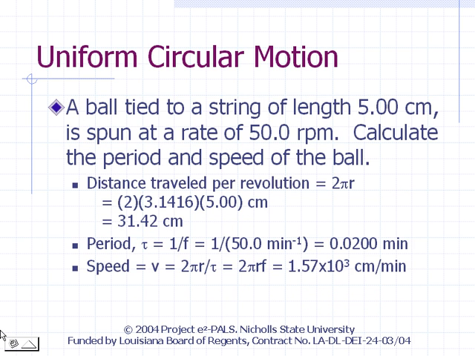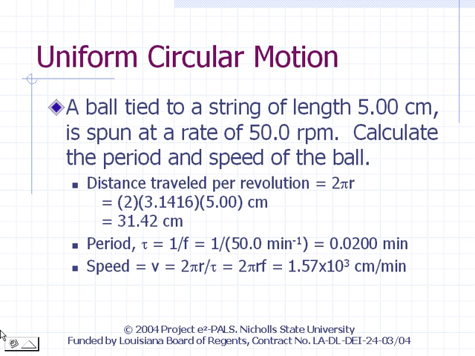Consider the following problem. A ball tied to a string of length 5 centimeters is spun at a rate of 50 revolutions per minute. What is the speed of the ball? The distance traveled by the ball per revolution is the circumference of the circular path. It's equal to 2 times pi times the radius of the circular path, which in this case is 5 centimeters.